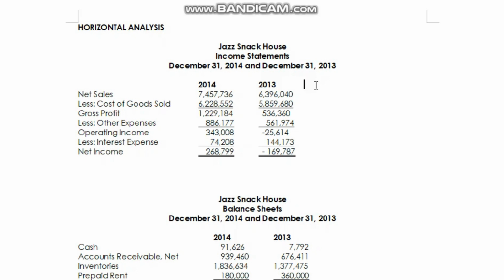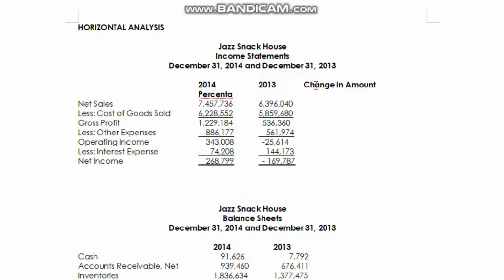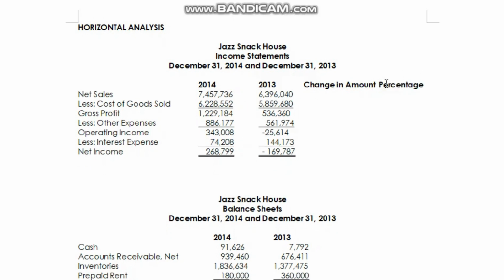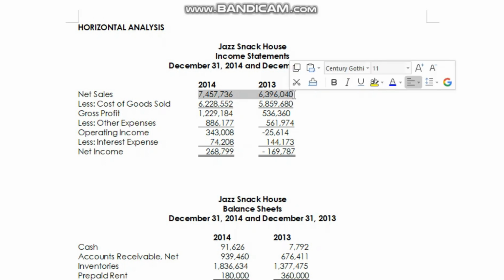First, you compute for the change in amount, and then the percentage of change. How do you compute for the change in amount? This will be the same format for the rest of the items. All you have to do is get the difference between 2014 and 2013.